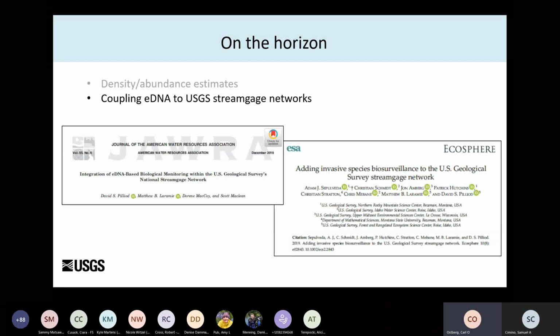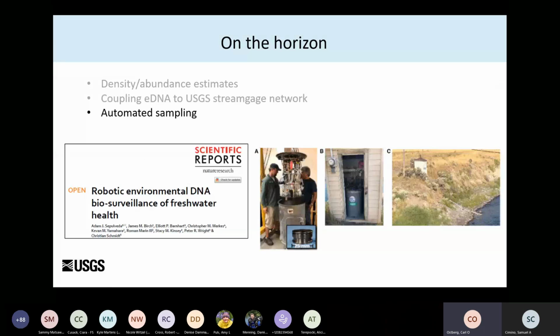Coupling eDNA to USGS stream gauge networks, a couple of really nice papers have called attention to this, and that seems like a really good next step in the monitoring process, particularly if automated eDNA sampling was incorporated into the stream gauge network.